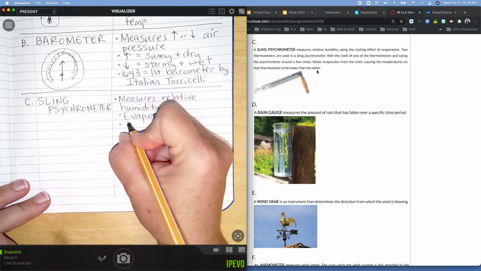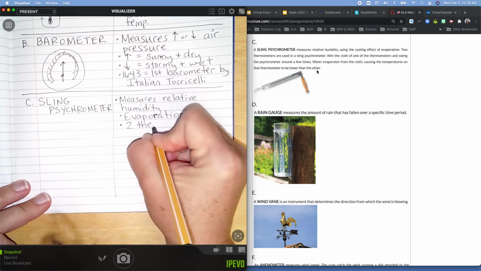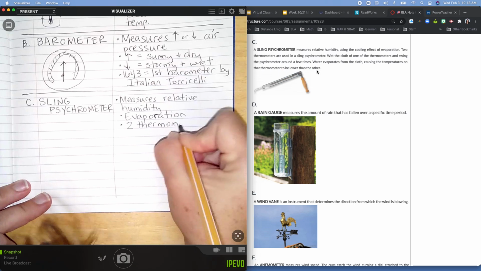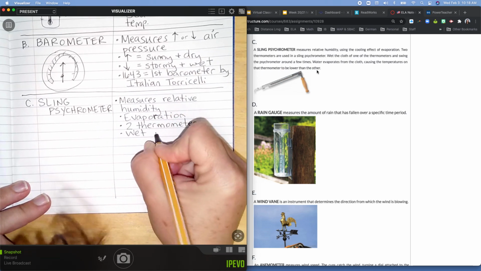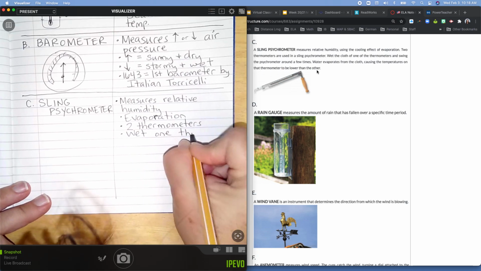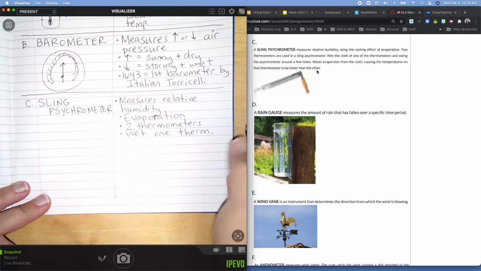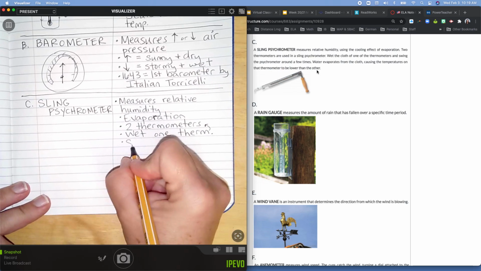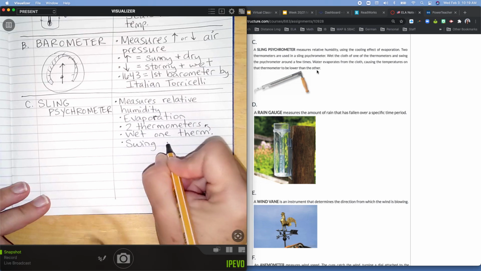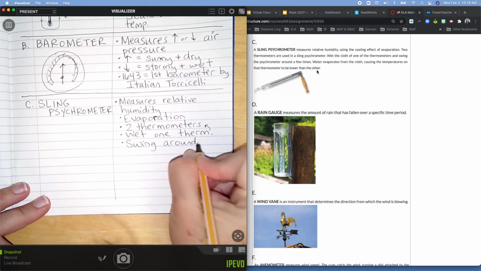So wet the thermometer and you swing it around. So there's 2 thermometers, wet 1, and I'm just going to put therm with a little arrow, like thermometer, swing around.